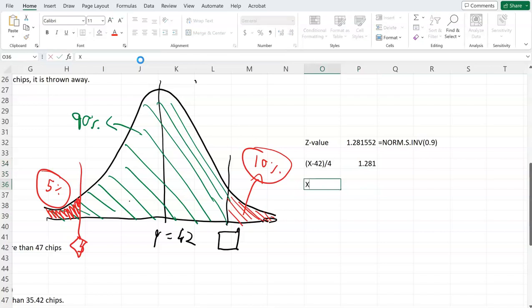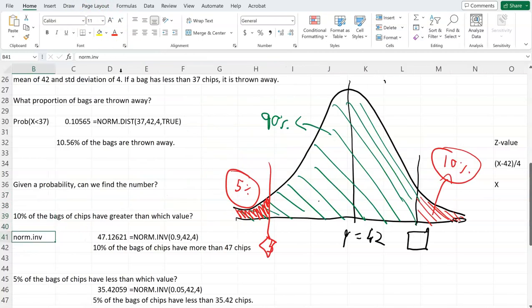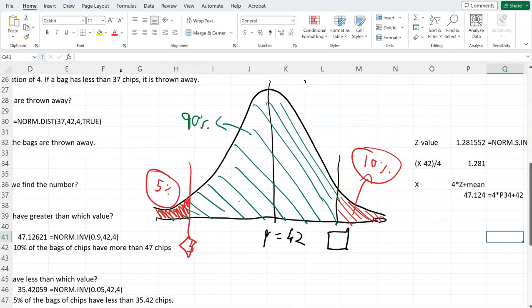So x will be equal to 4 times z plus the mean, which means it would be equal to 4 times the z-value plus the mean, which is 42. And I get 47.124, which if I look at the number here, is very close, 47.12, 47.124.